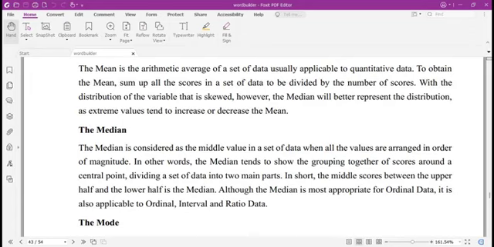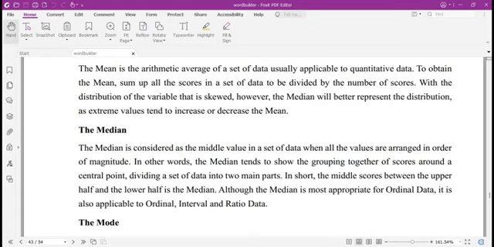So it's considered as the middle value in a set of data when all the values are arranged in order of magnitude. Please take note of that. The values must first of all be arranged in order of magnitude before you begin to look for what is in the middle.